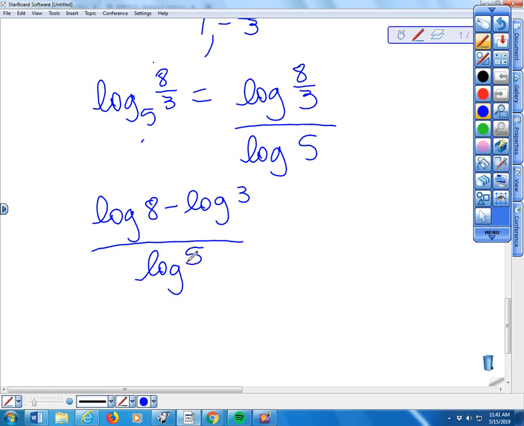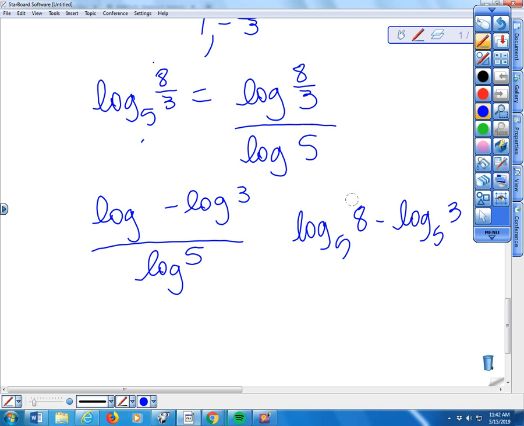And they give me what log base 5 of 2 is. Oh, log base 5 of 3. So it would have been better for me to say this would be what I want to do here. Log base 5 of 8 minus log base 5 of 3.